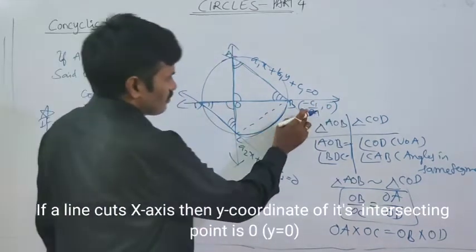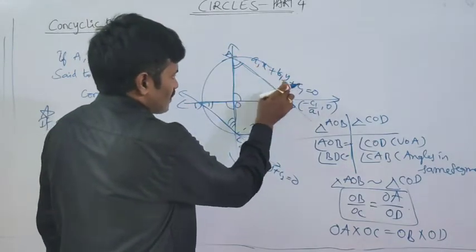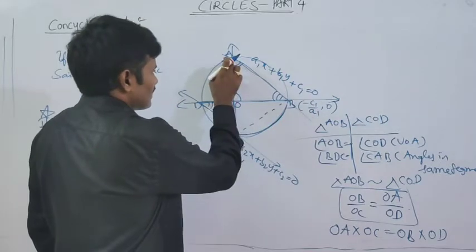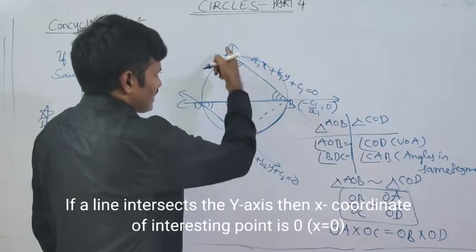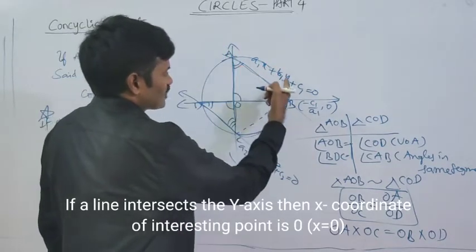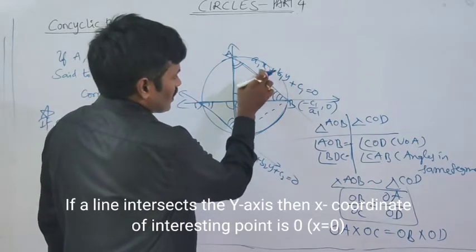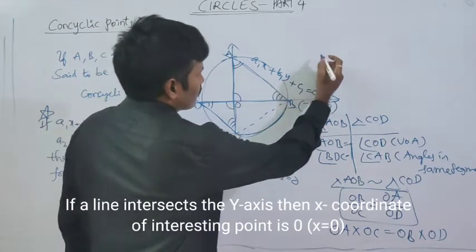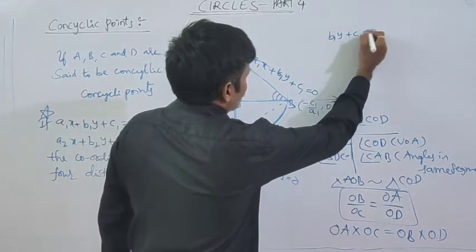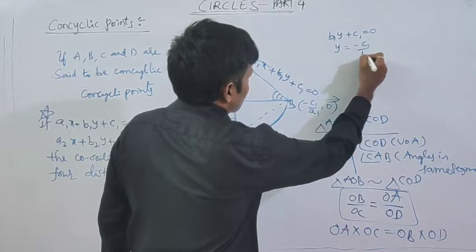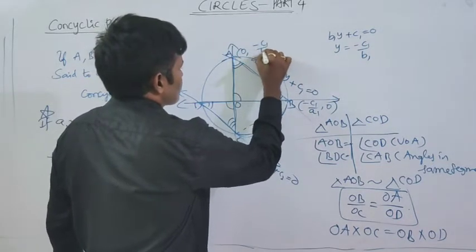Now the line AB, that is a1x plus b1y plus c1 equal to 0, intersects the y-axis at some point A. If this line intersects the y-axis, then the x value is 0. If x is equal to 0, then a1x becomes 0, so it becomes b1y plus c1 is equal to 0. From here y is equal to minus c1 by b1. So the x coordinate is 0, and the y coordinate is minus c1 by b1.